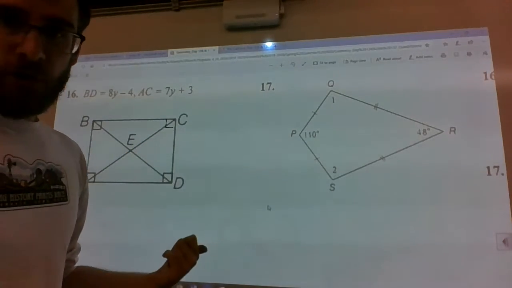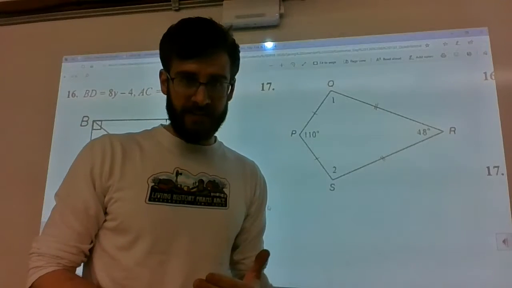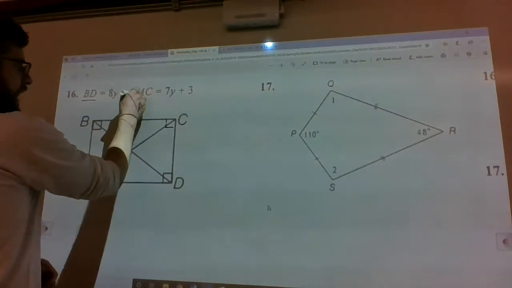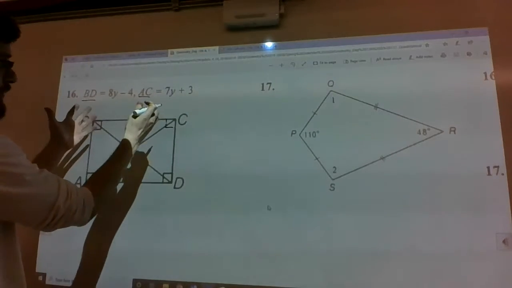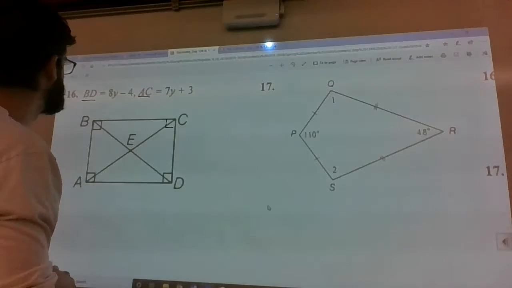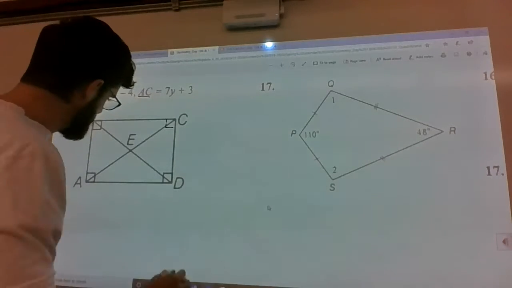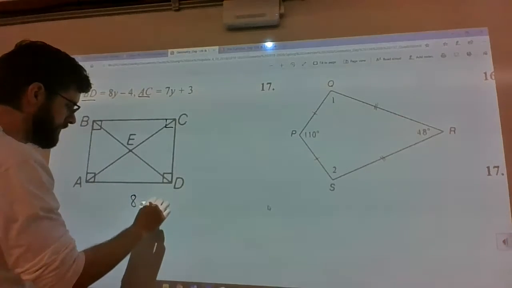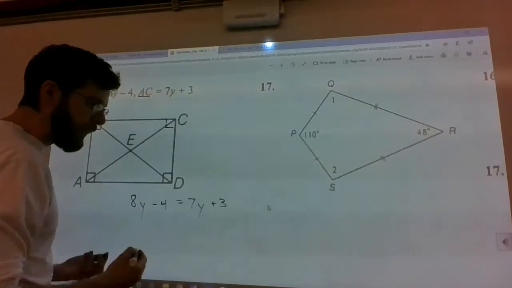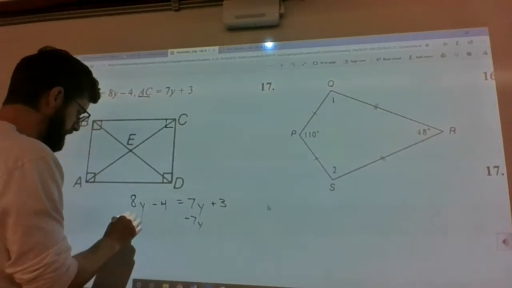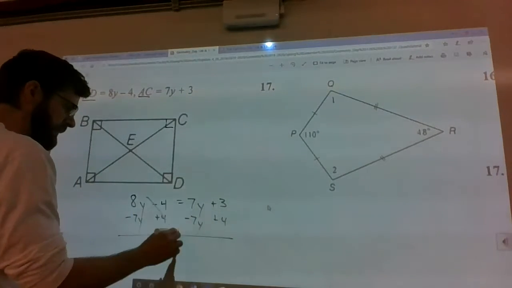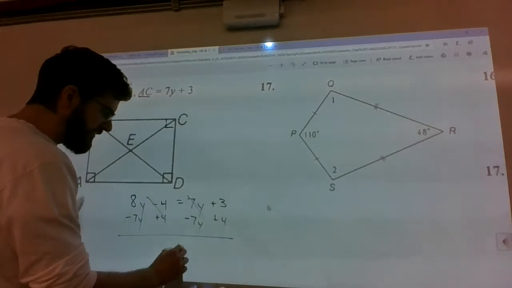We just talked about earlier how the diagonals of rectangles are congruent, which means we set them equal to each other to find the missing variable. So that one's pretty basic. Not a lot of fanfare for this one. Get y by itself. And you got 1y is equal to 7.